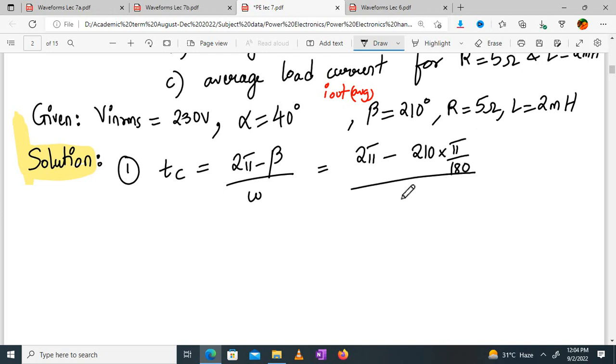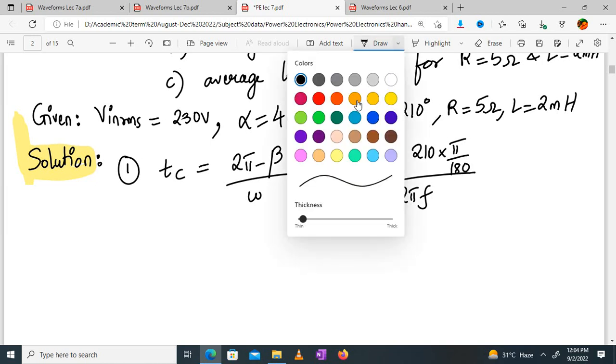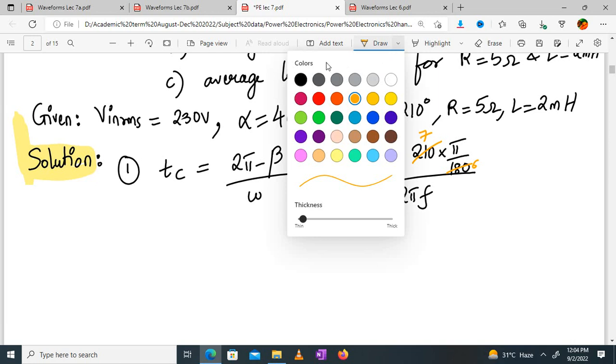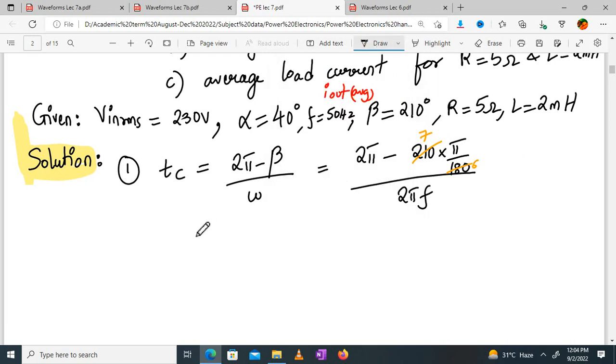What is omega? 2 pi f. What is the frequency given? 50 hertz, right? So Tc will be equal to 2 pi minus 7 pi by 6 divided by 2 pi into 50.